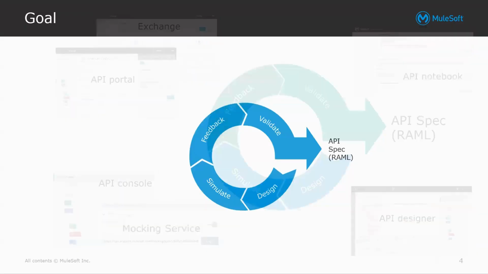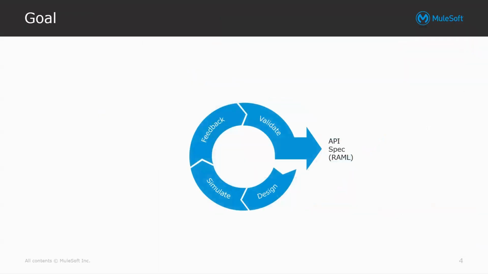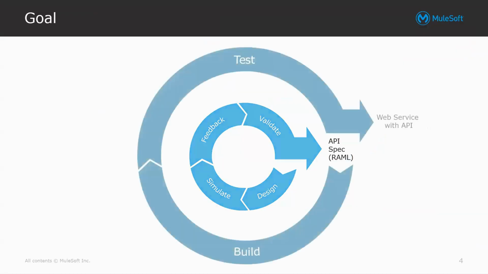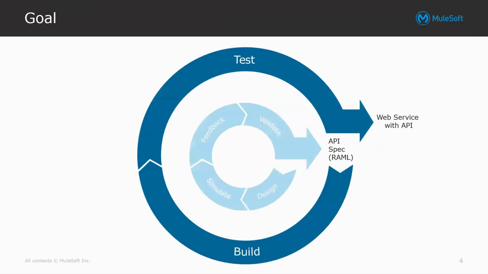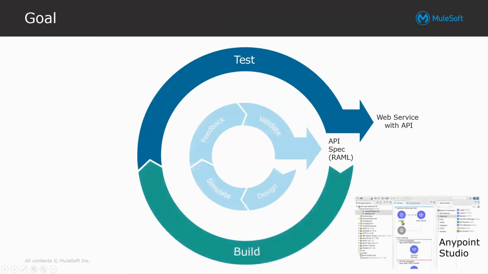The next iteration, once this is completed, is where we build out our web service. Now, what we do in that case is we can bring that specification into Studio, and the API kit router will scaffold out our interface.